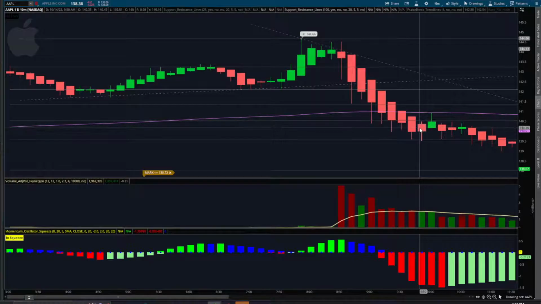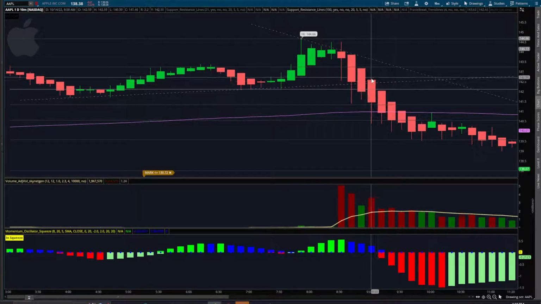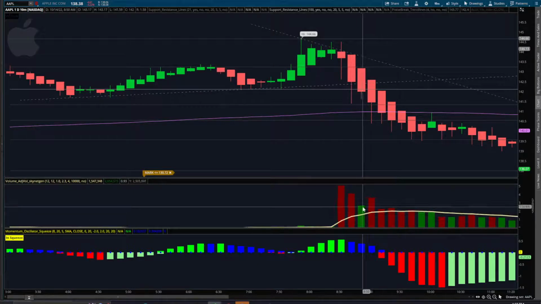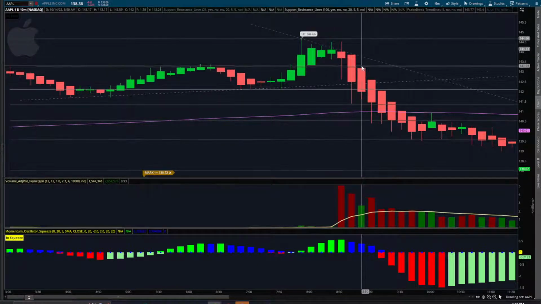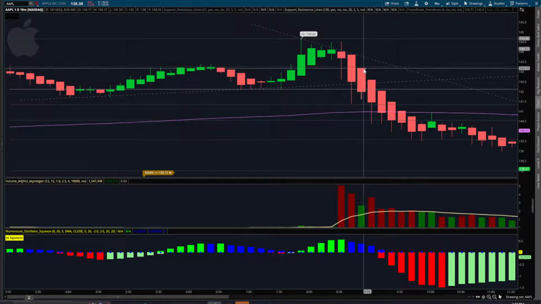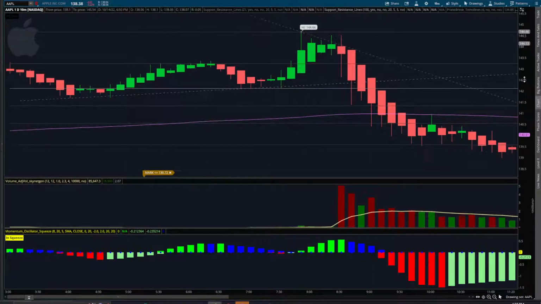You could have stayed in this trade and made money. Look at all the flat tops. Again, this is what I mean by that little green volume here. Close with a flat top, momentum still showing to the downside. Stay in the trade.